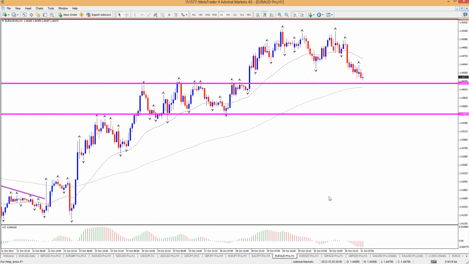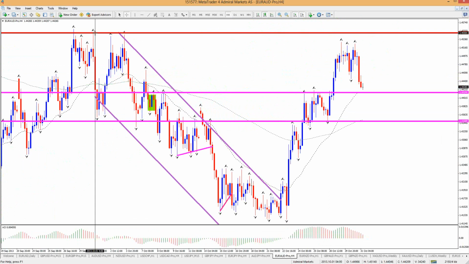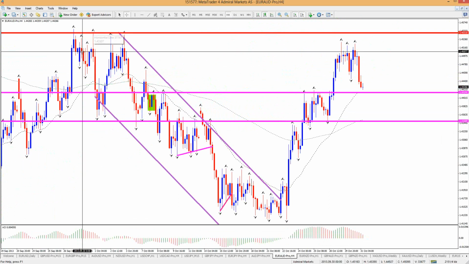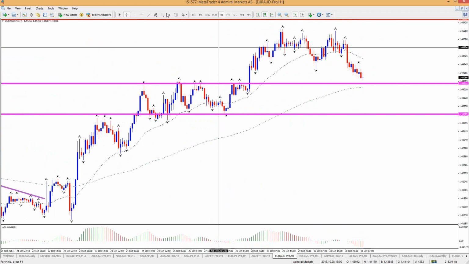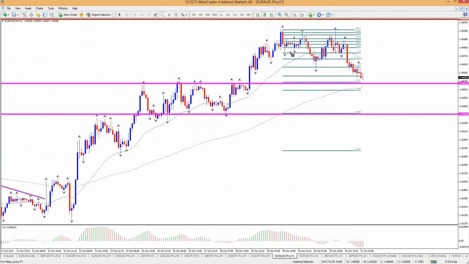Euro-AUD is struggling at that resistance level we talked about, right? On the 4-hour chart, we're talking about this 145.50 zone. It couldn't break through that. And classically, it went to the minus 618 target here.